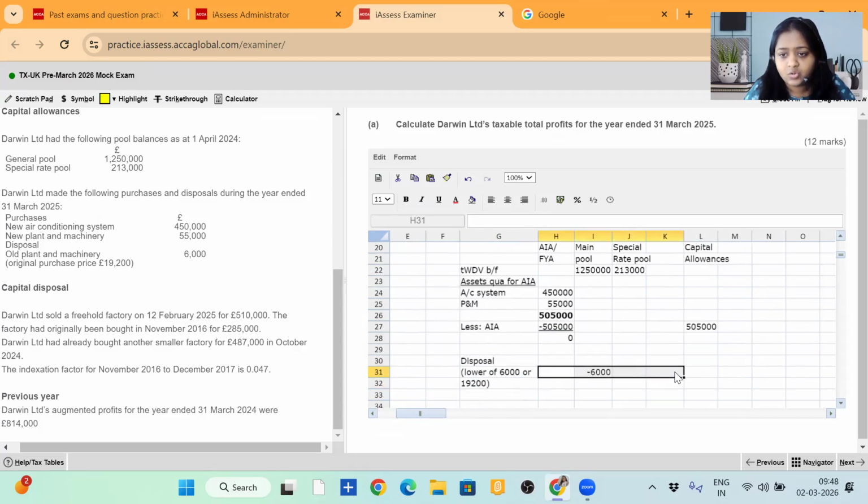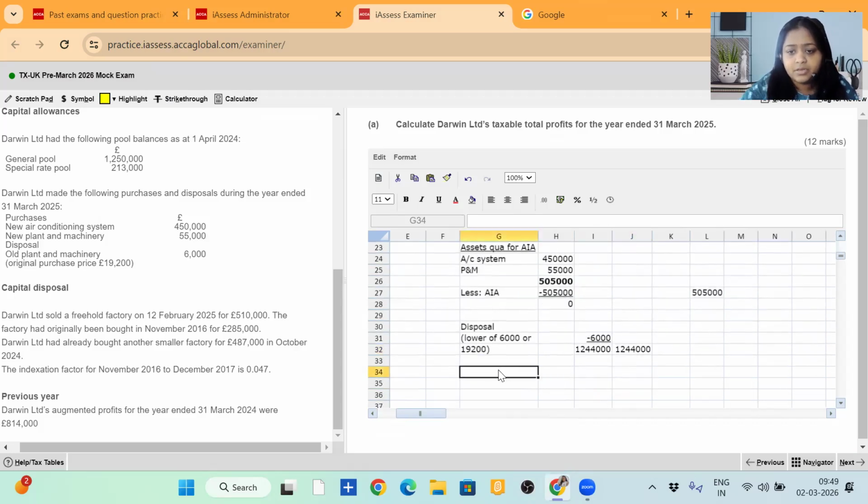Right, so I'll just get the totals here. I'll do underline and I'll just get the pool balances. So I get my pool balance. Now I will just apply the WDA. Right? So WDA will be at the rate 18%/6%. It is for the full year, right?